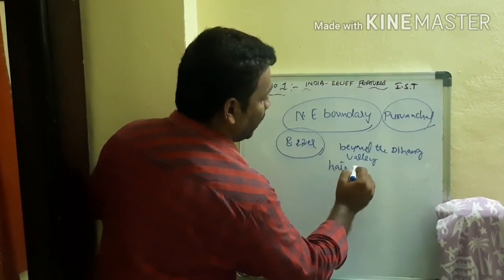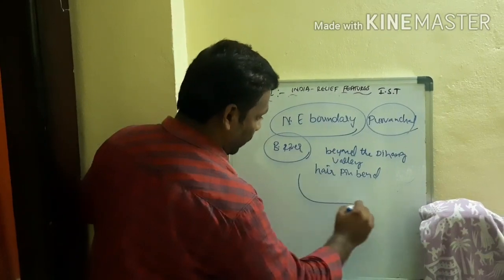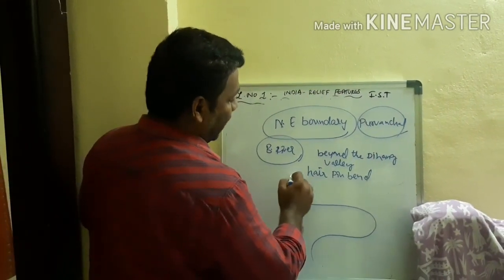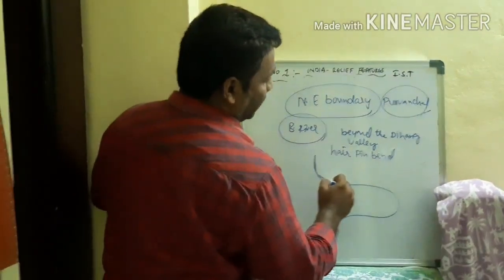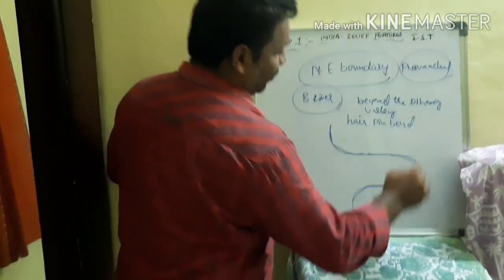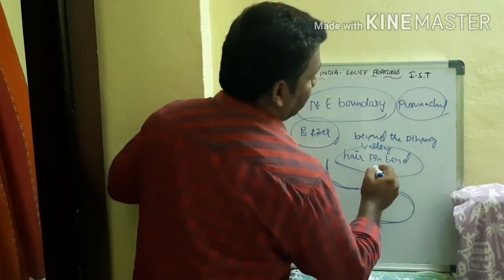If you look at the India map, it takes birth near Lake Mansarovar in Tibet, enters Arunachal Pradesh in the Dihang Valley, and takes the shape of the Brahmaputra river.